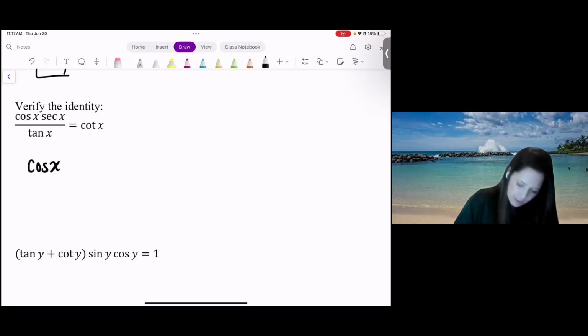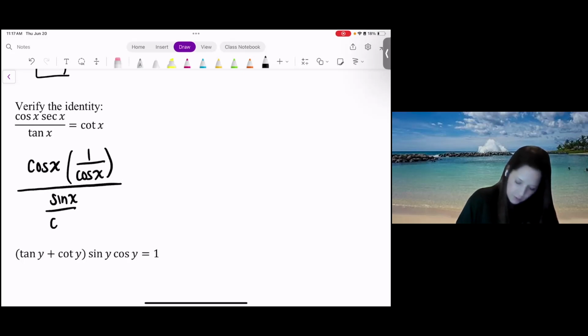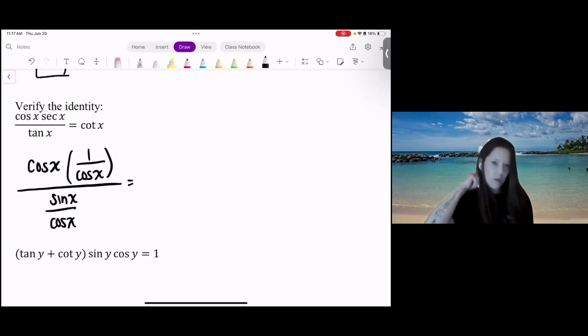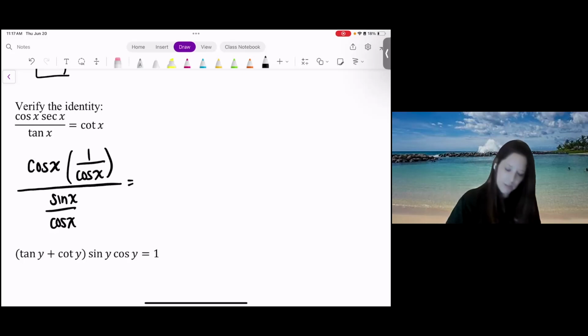That gives me cosine of x times 1 over cosine of x, divided by sine of x over cosine of x. In the numerator, cosine times 1 over cosine, I can divide out that cosine and that reduces to 1. That means I have 1 divided by sine of x over cosine of x.